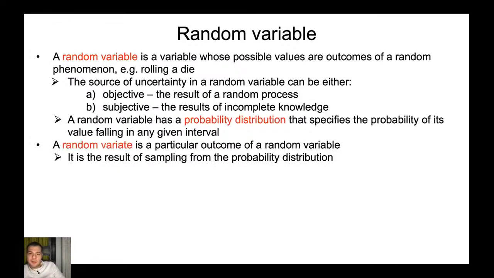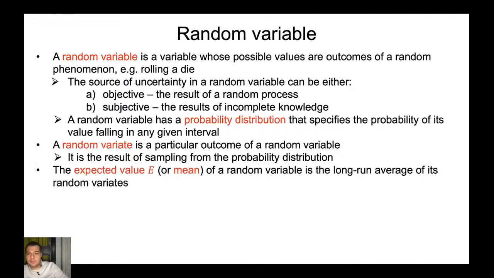So this is the result of, let's say, rolling the die. We roll the die, we obtain one of the faces facing up, and we say that that is the value of the random variable. So the random variate is, let's say, when the die landed on, I don't know, 5.